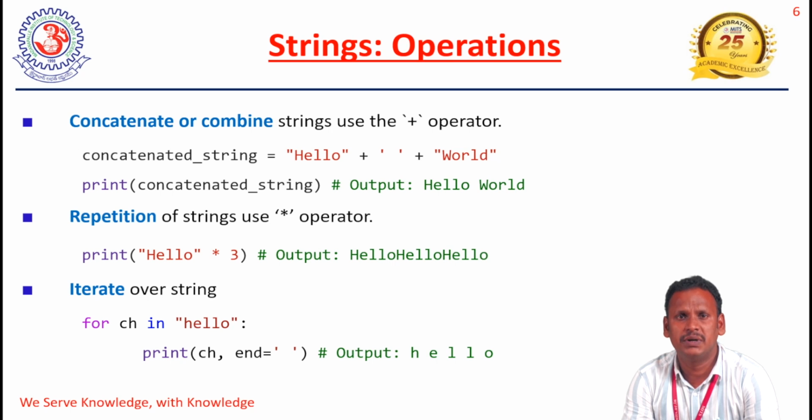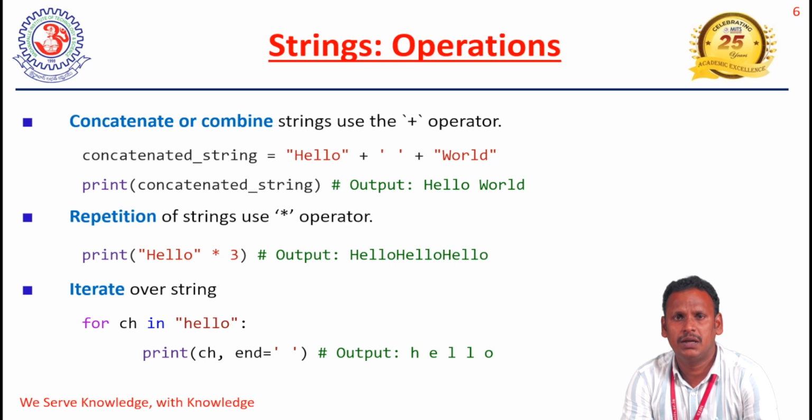Okay, this is repetition. And then to iterate over a string, since it is a character sequence, we can extract each and every character by using the in operator. In the for loop, I am using for ch in hello. Every time while iterating over the for loop, it will extract one character at a time and display it on the screen.